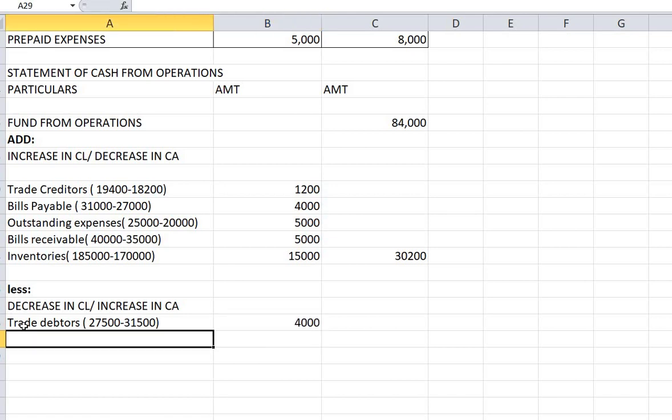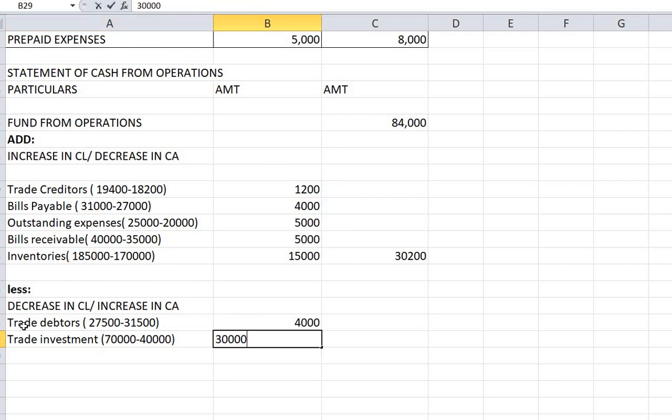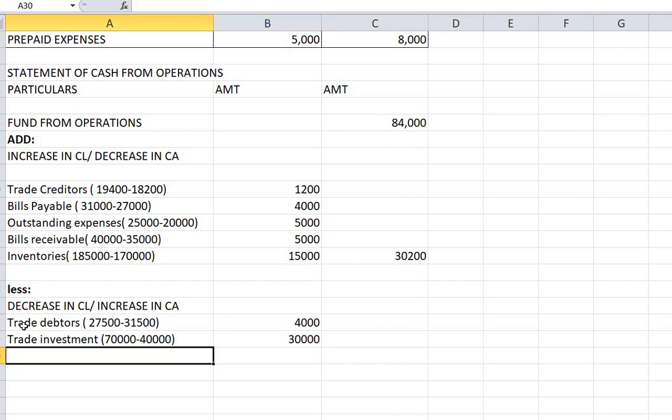And next one, it will be trade investment. So for trade investment, it was 40,000 and 70,000. So write 70,000 minus 40,000. How much is the amount? It is 30,000. Next one is, it is not trade, it is prepaid. Prepaid expenses.